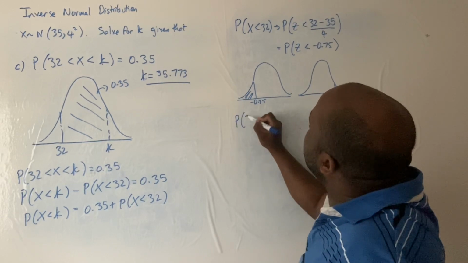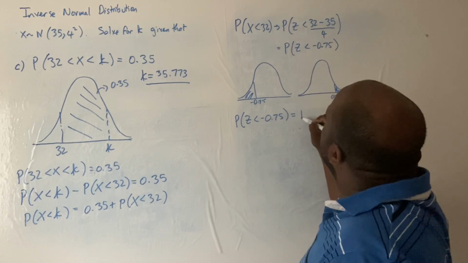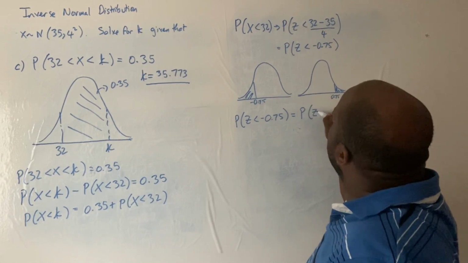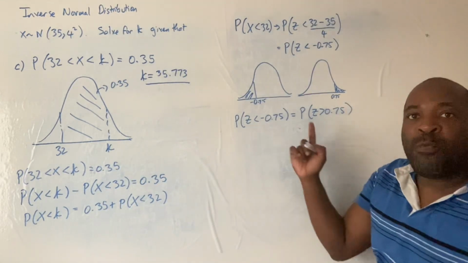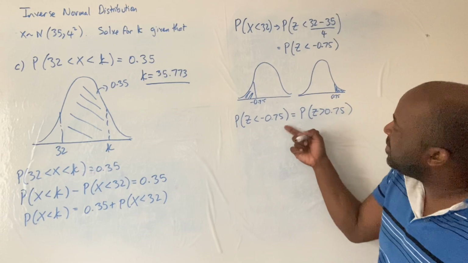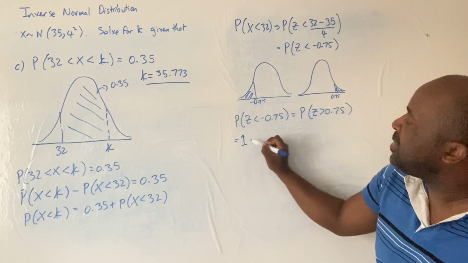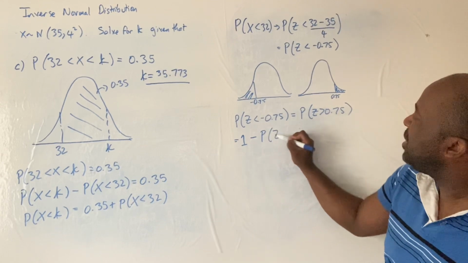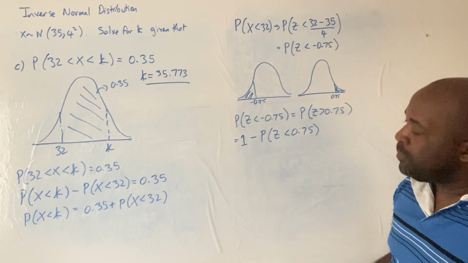So the probability that Z is smaller than negative 0.75 is equal to the probability that Z is larger than positive 0.75. But now we want to use the complementary probability fact. This is identical to 1 minus the probability that Z is smaller than 0.75.